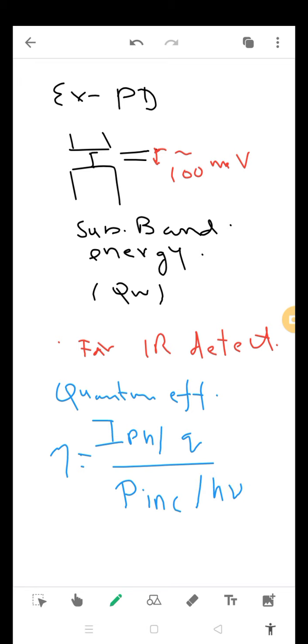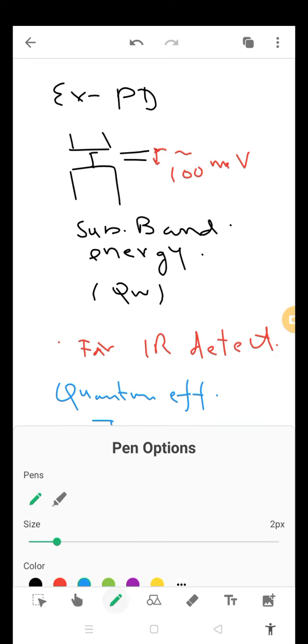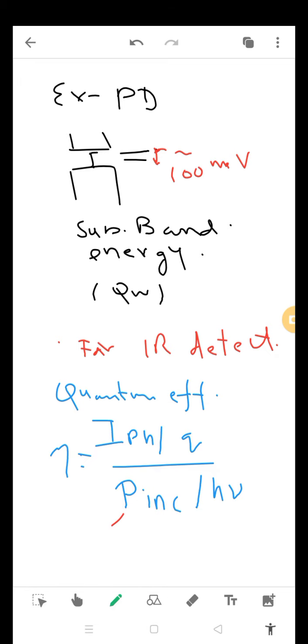So IPH is the photocurrent, q is the charge, P is the incident optical power, and h nu is the quantum energy associated with the light.